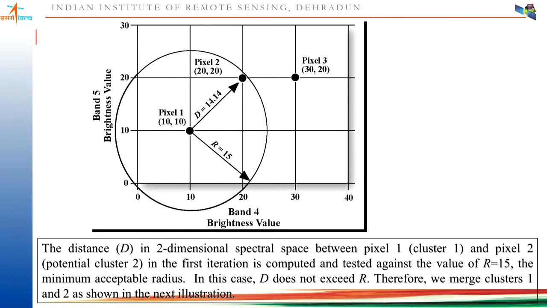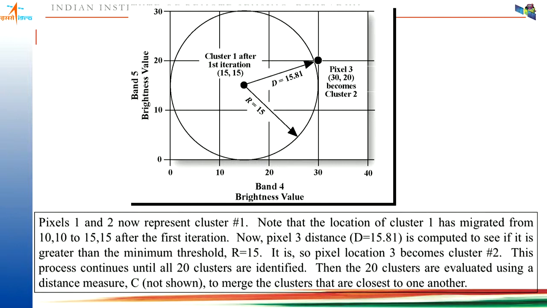Now cluster 1 has 2 pixels, pixel 1 and pixel 2, and since the pixels have been added, the mean of the cluster has shifted from 10, 10 to 15, 15, because (10 plus 20) upon 2. So now the mean is 15 and 15. This is done.